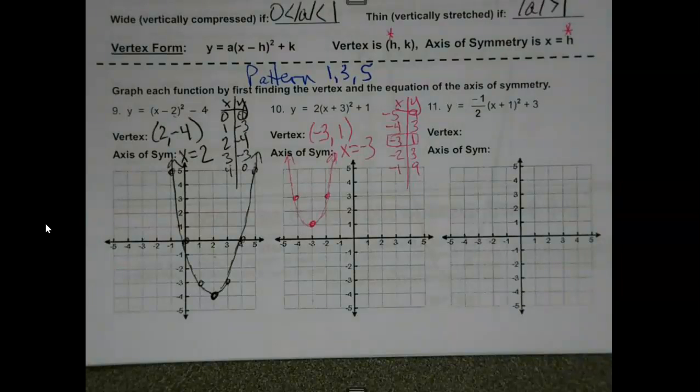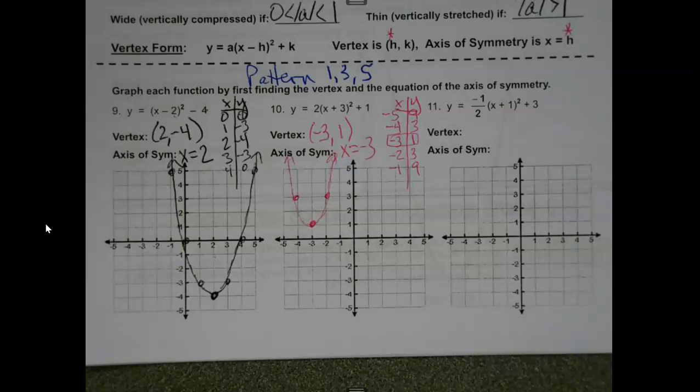And what that is, is that your A value, if it's just 1, like it is in number 9, check this out. If I start from the vertex, and I go up 1 and over 1 each way, okay, there's my first dots. That's the 1. Then from those dots, I go up 1, 2, 3, and over 1.